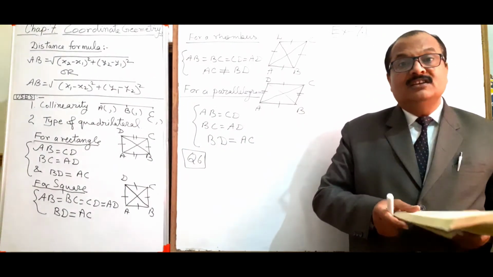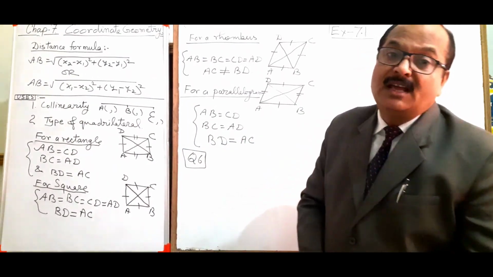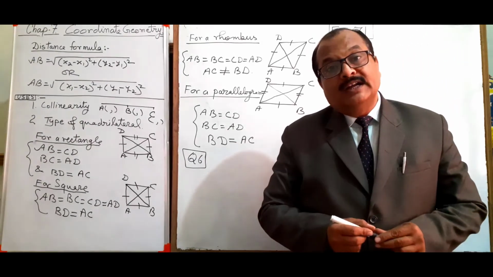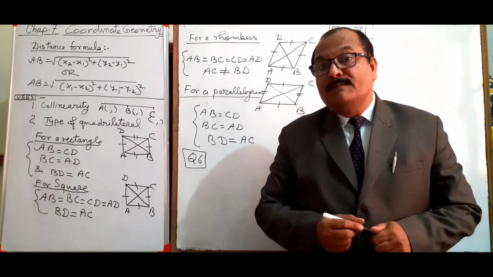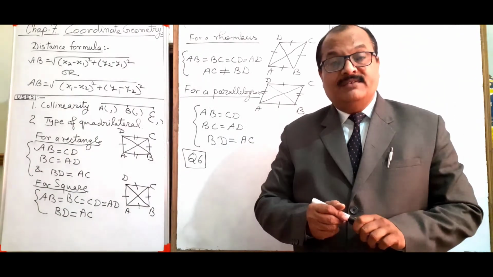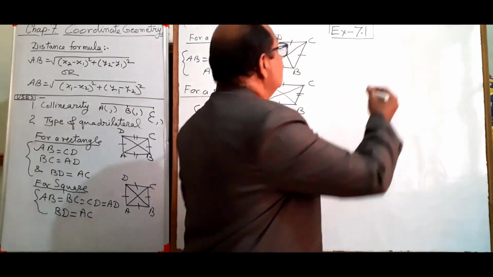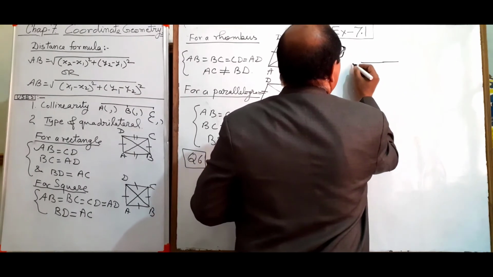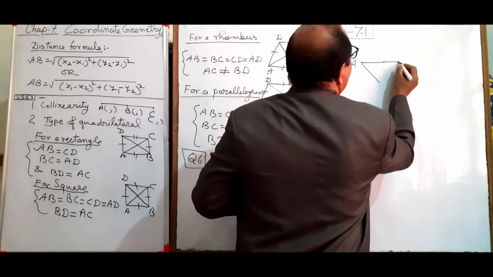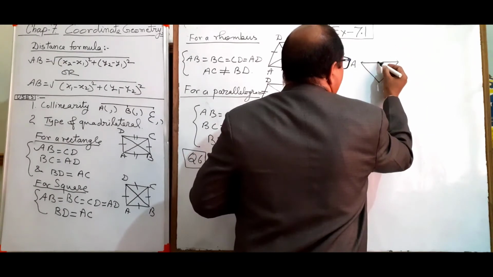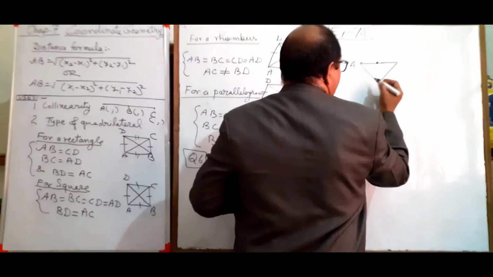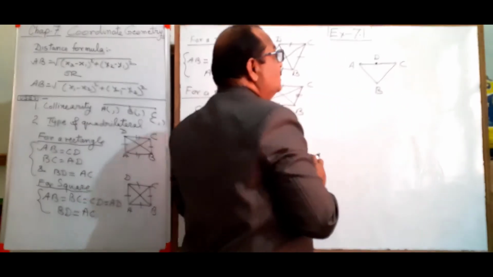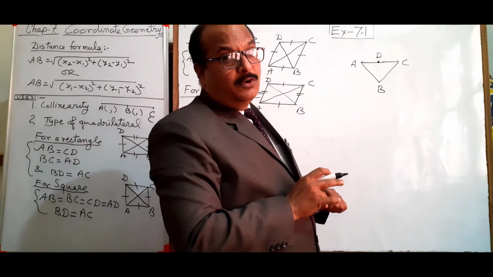And one more thing: sometimes the quadrilateral is not formed even if 4 points are given. Suppose one diagonal is AB, and a point is given somewhere else, A, B, C, D. So here a quadrilateral is not possible.